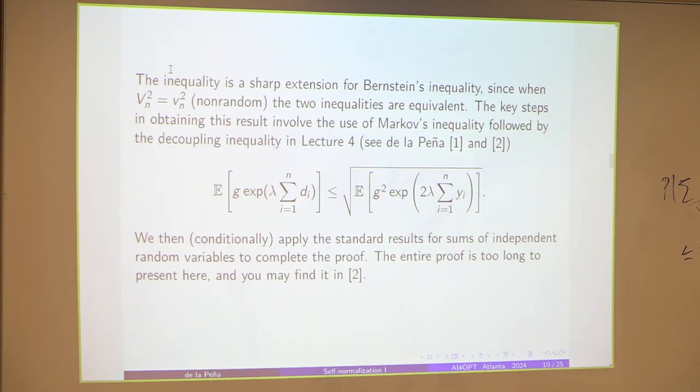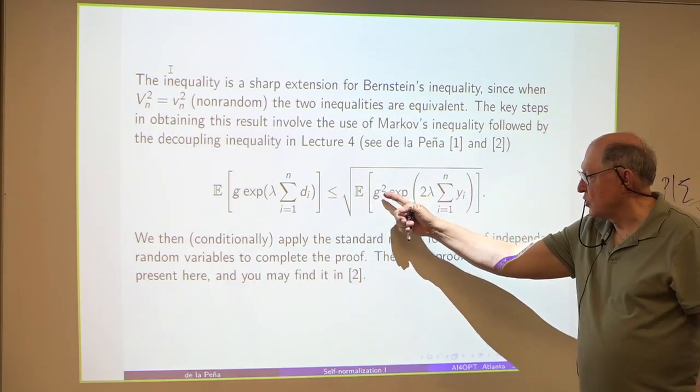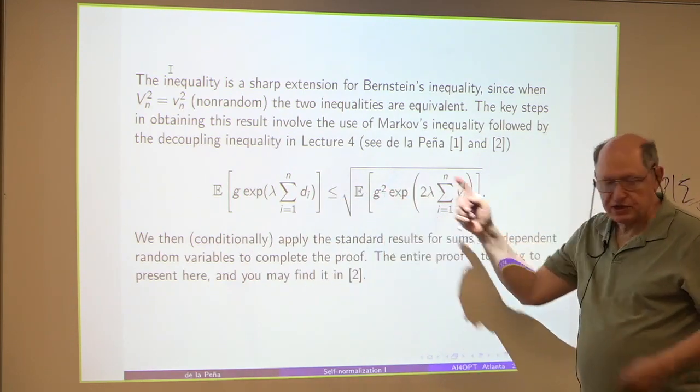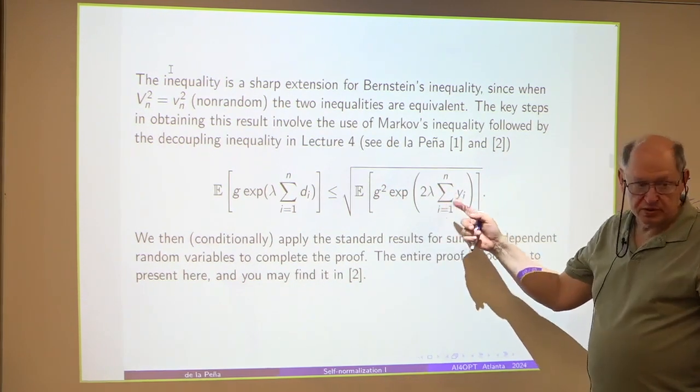So now, using that inequality with g to be this exponent, e to the minus lambda x V_n squared, this is a function of the d's; it's a function of the conditional variance. So when I decouple there, I can replace that by the square, which is the same random variable squared, and the decoupled ones.